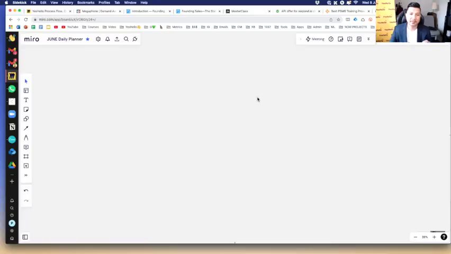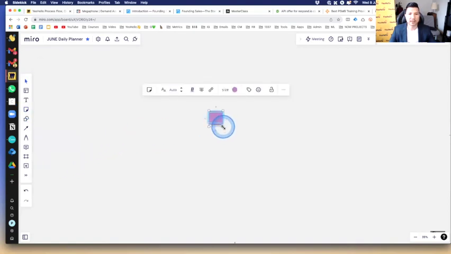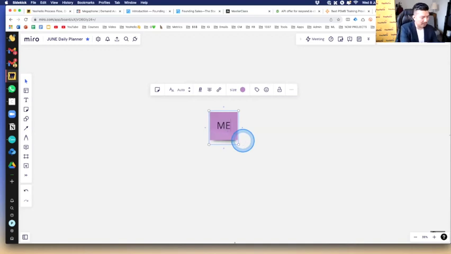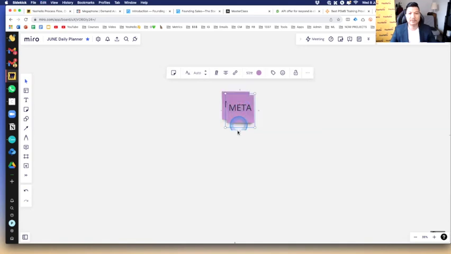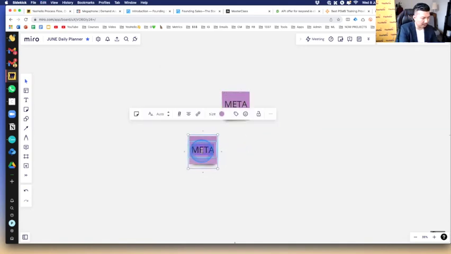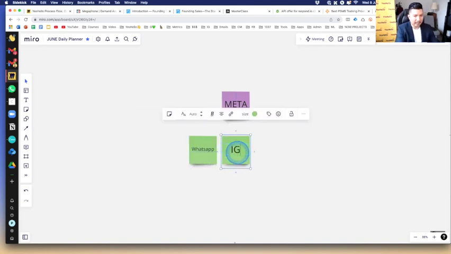To start off, I'm just going to draw out the whole infrastructure. I'm going to go bit by bit. First there is Meta, which is last time Facebook. Under Facebook, they have a few products. Number one is, of course, WhatsApp, which is green. Number two is Instagram, which is, let's say, pink.